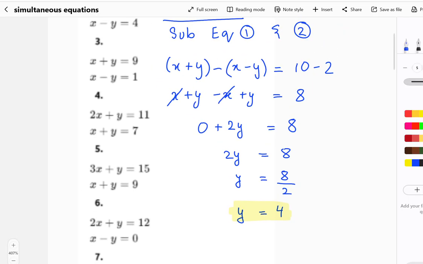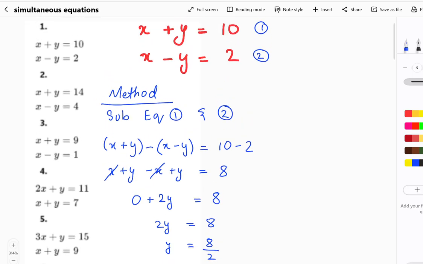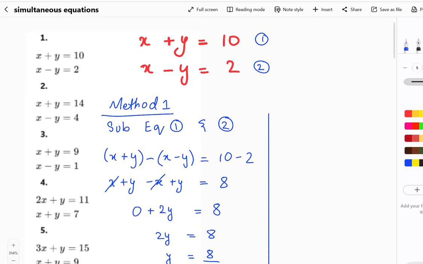We just found out the value for one variable. Now, how do we find out the value for the other variable? We have to put this value of variable y in one of these equations.